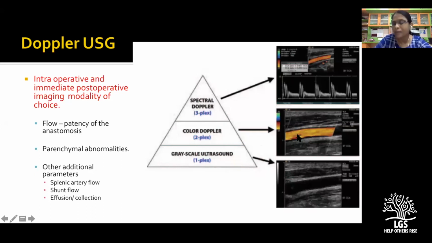Color Doppler tells us whether flow is present or absent, and it overlays the color over the grayscale image. Whenever the flow is towards the transducer, red color will be seen, and whenever the flow is away from the transducer, blue color will be seen. And this is a spectral Doppler, which gives us the waveform.